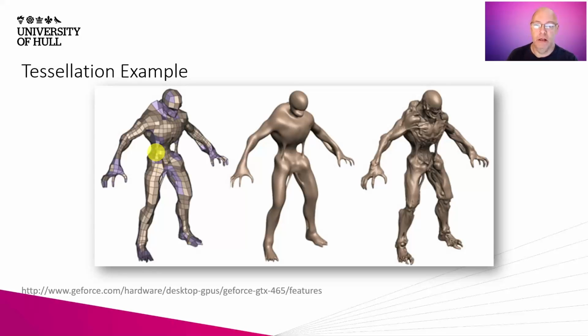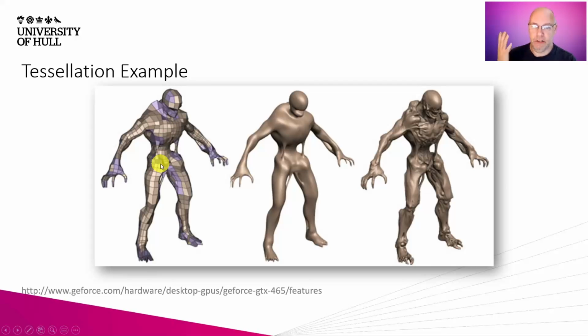The parts of the tessellation have shaders, so we can override the default functionality and write our own if we want to turn this guy all the way through to this.